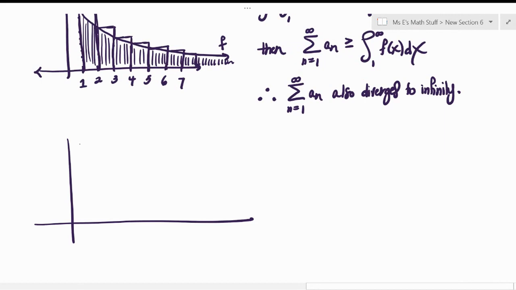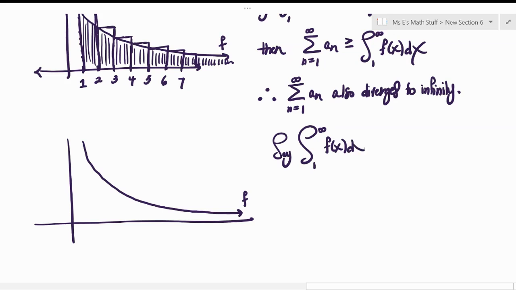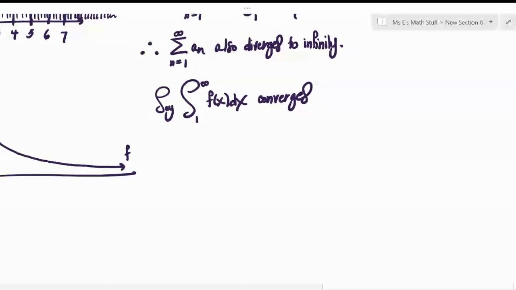So a similar picture. Your function rule has to be positive, continuous, and decreasing. Now let's say the integral from 1 to infinity of f of x dx converges. Well, what would that mean if it converges?